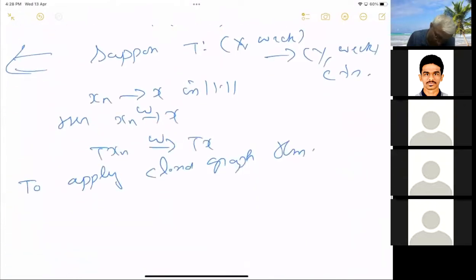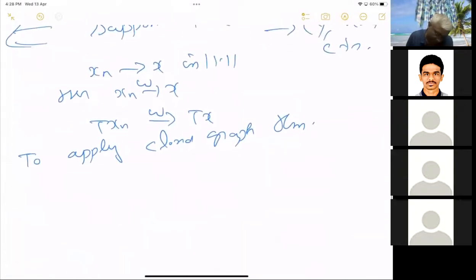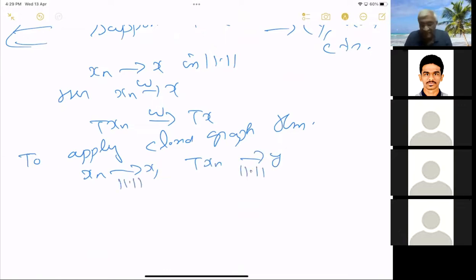So suppose x_n converges to x, Tx_n converges to y in norm, then we have to verify that this y is equal to Tx.